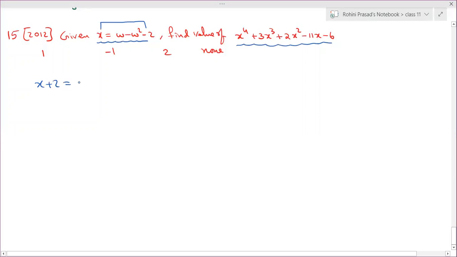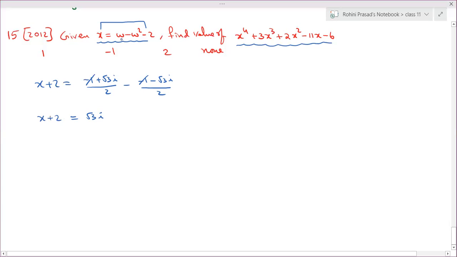This becomes x plus 2 equal to omega, which is minus 1 plus root 3i by 2, minus omega square, which is minus 1 minus root 3i by 2. We know this very well. You can even keep this in terms of omega and do the calculation, because we know the values of it. Then it is easy to cancel: this minus 1 by 2 and this plus 1 by 2 cancel. Then this will be root 3i by 2, and then root 3i by 2 times. So this becomes root 3i.